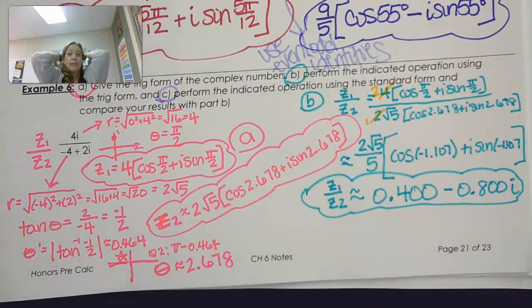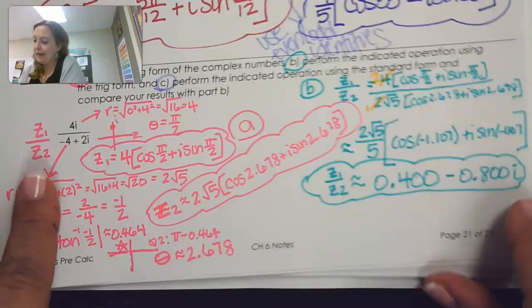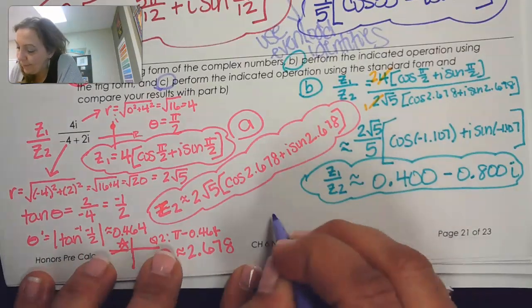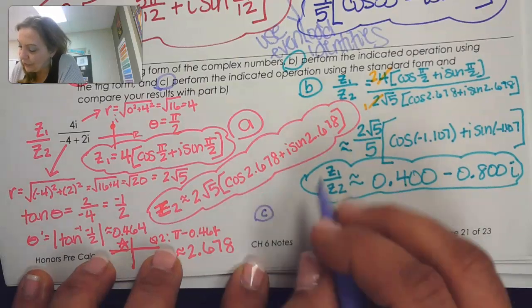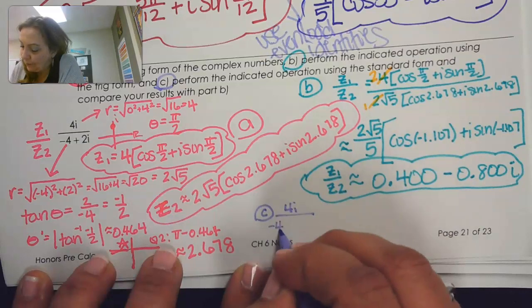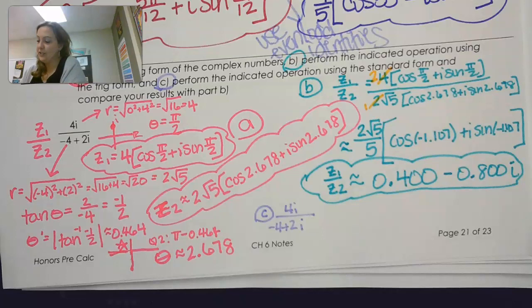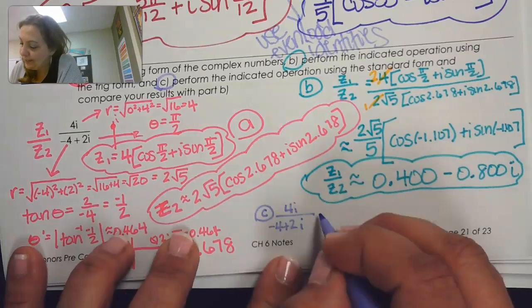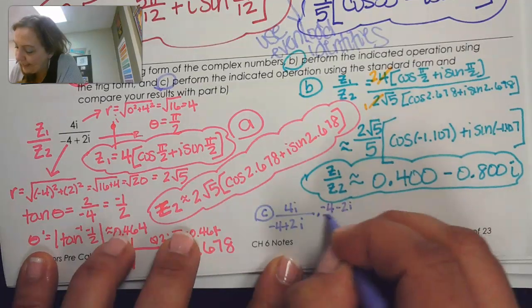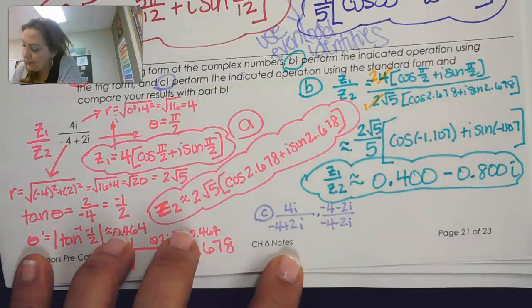But again, this is just kind of practice going back and forth. So let's see what would happen if I did that. If I took 4i over negative 4 plus 2i, we know that a tactic is to use the conjugate. So I could multiply by negative 4 minus 2i over negative 4 minus 2i.